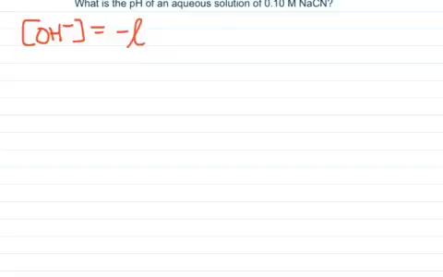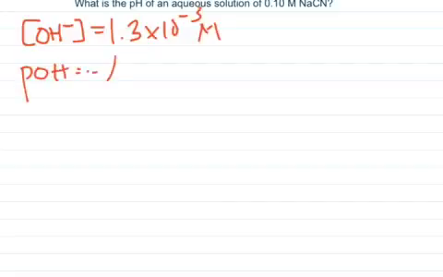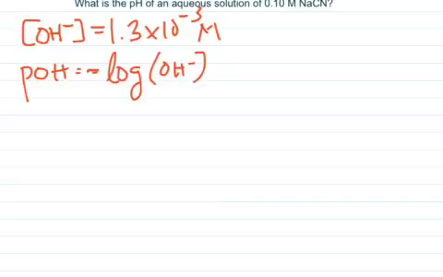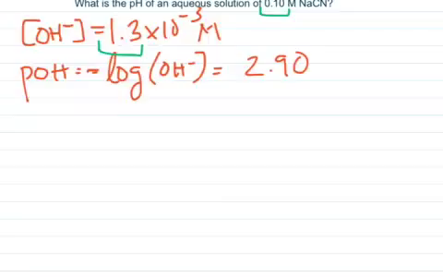So the equation I'm using is pOH is equal to the negative log of OH-, and I get 2.90. Again, remember, I have two significant figures, so I need 2 after the decimal.